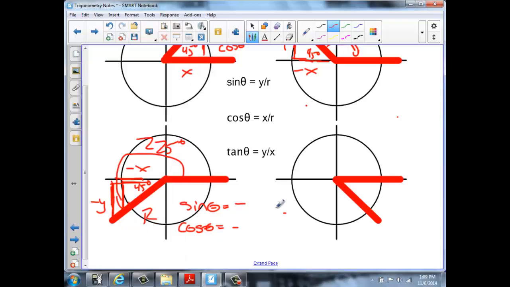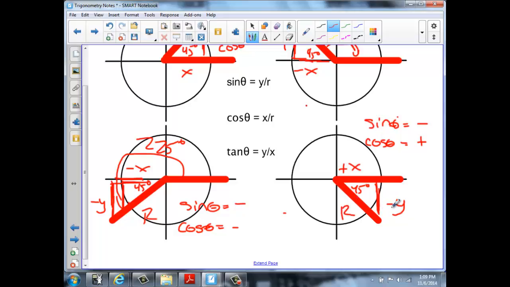Last quadrant. Let's say we put a 45-degree angle right here. My x value is now positive, but my y value is negative. So in this quadrant here, sine should be negative, but cosine should be positive. So one more time. In this quadrant here, sine is supposed to be opposite over radius.